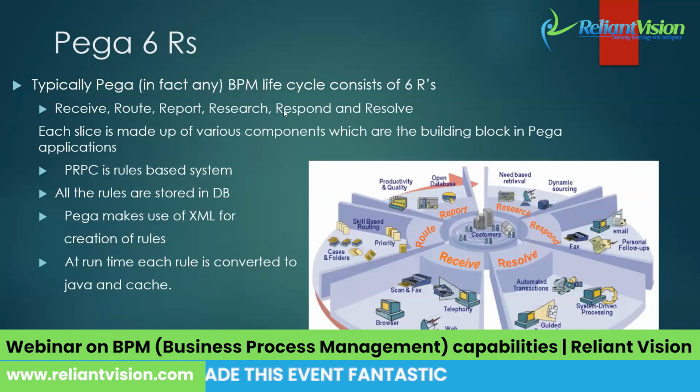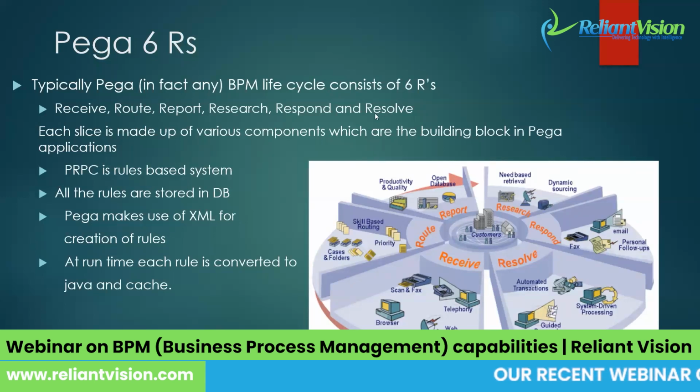Respond means that whenever a case status changes, it informs the users who own or are involved in that case. And resolve: at the end, it will resolve the case or work items and update the downstream systems.